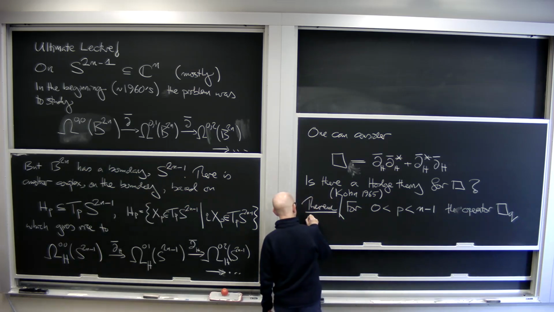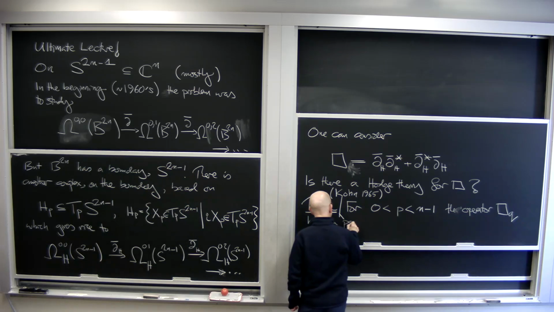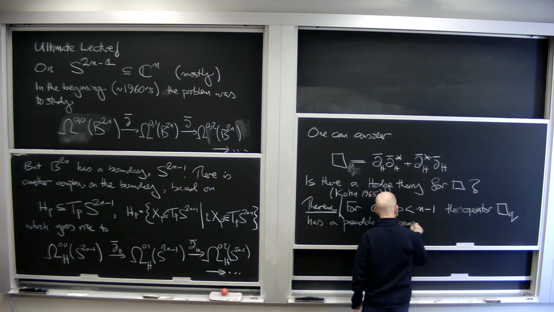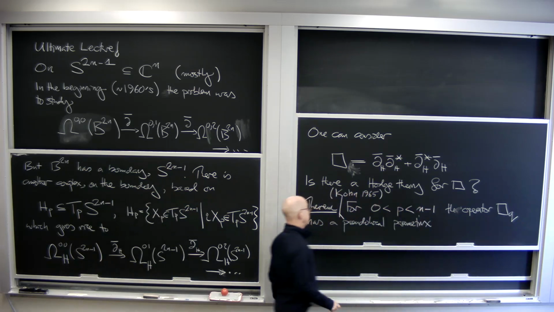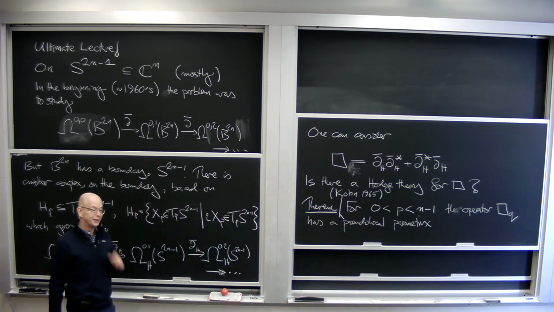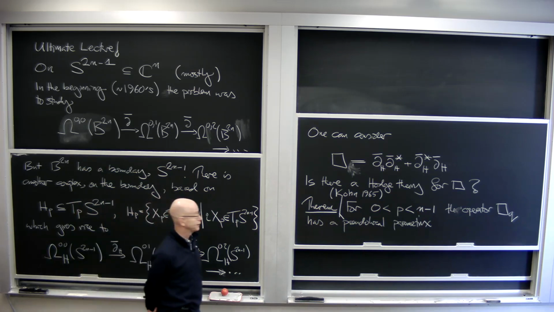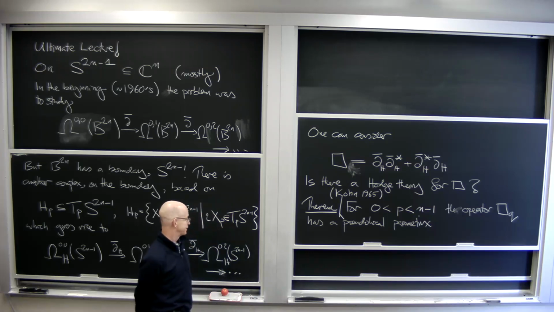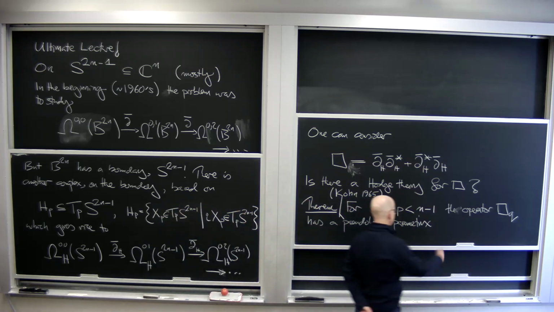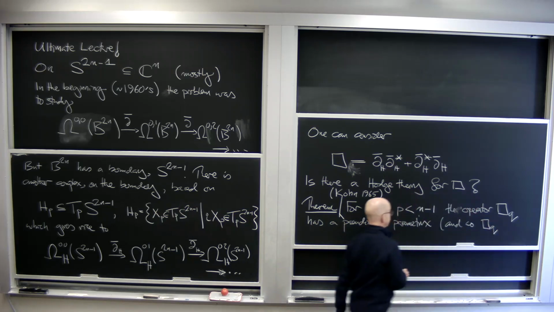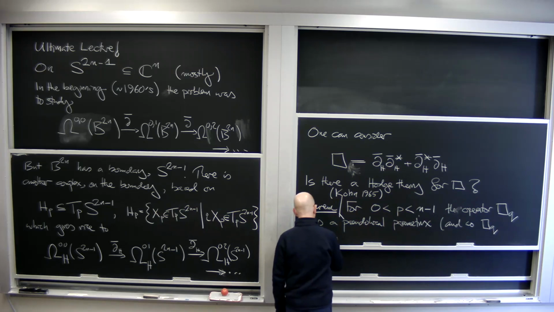And this operator has a pseudolocal parametrix, to use language that we discussed way back in the bright early fall when it was warm outside and we were all optimistic and young. We discussed these concepts, pseudo-locality and parametrices. And these operators have them. And so in this range, this operator is hypoelliptic and more.